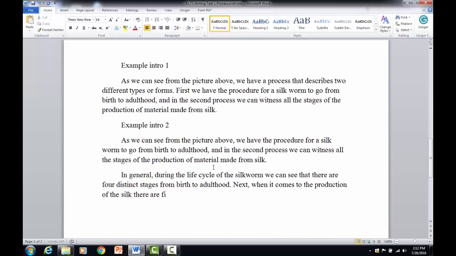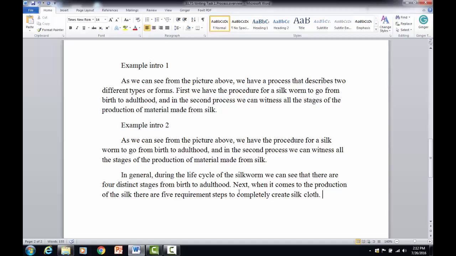There are 5 required steps to completely create silk cloth. There we go. There's our general overview paragraph, right?